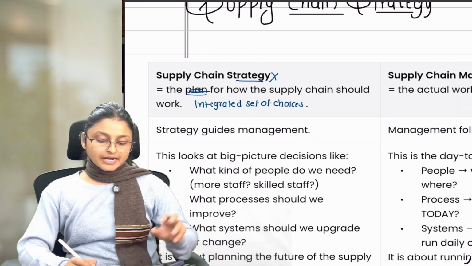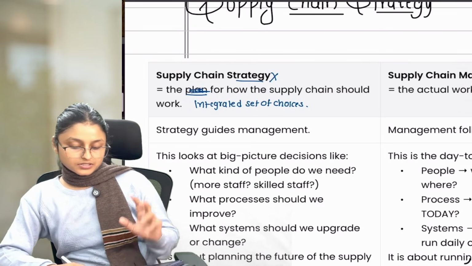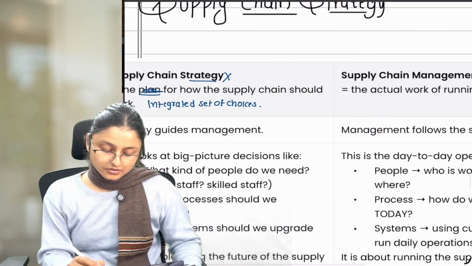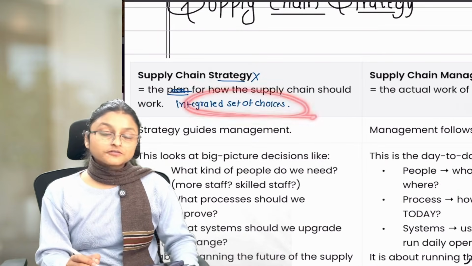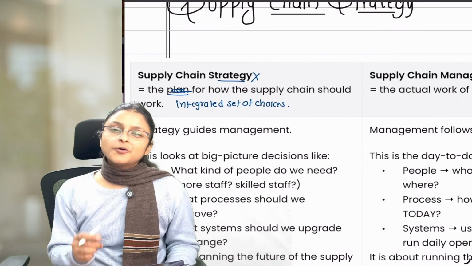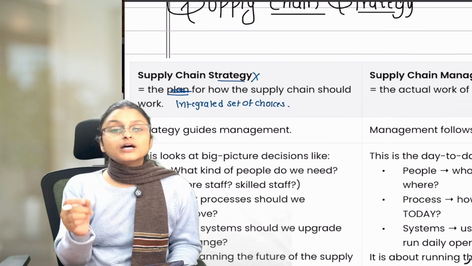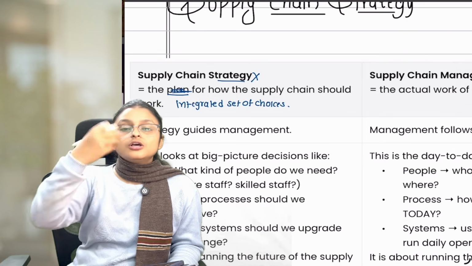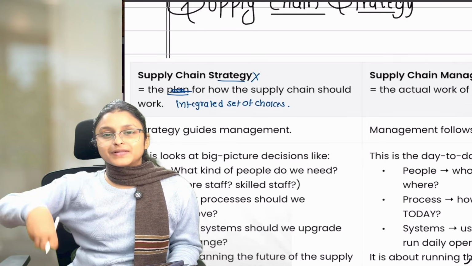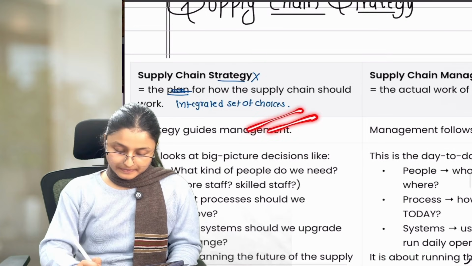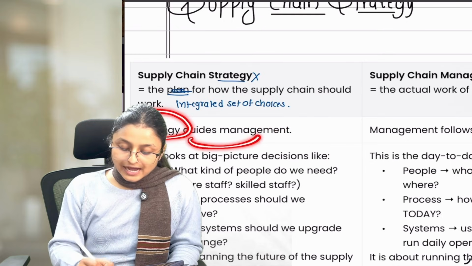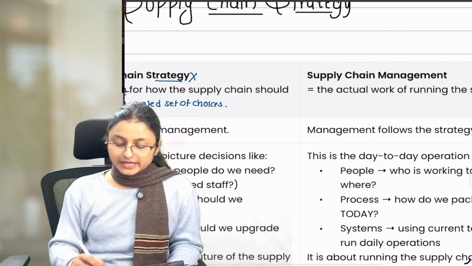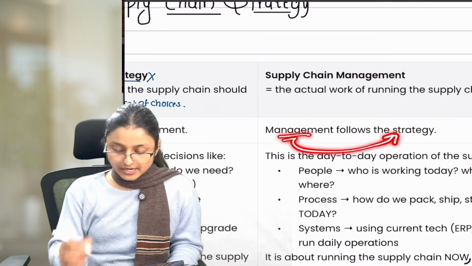So, supply chain strategy is integrated set of choices for how the supply chain should work. So, we are making some integrated set of choices to decide how the supply chain will work to achieve the corporate strategy, to achieve the company goal. What we need to do in supply chain will be decided here. Strategy guides management.